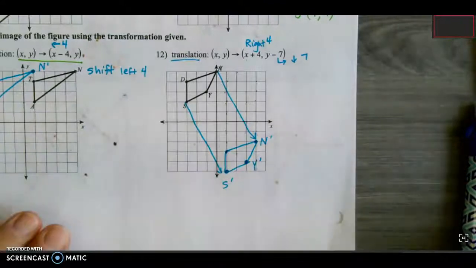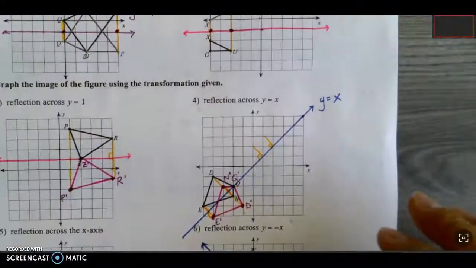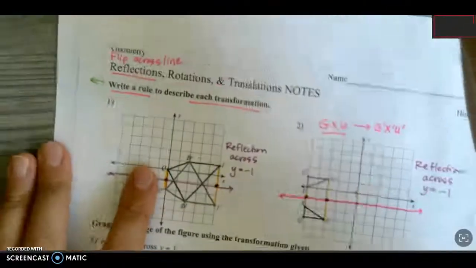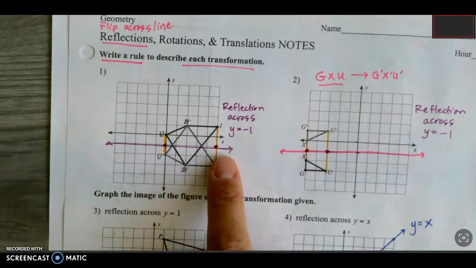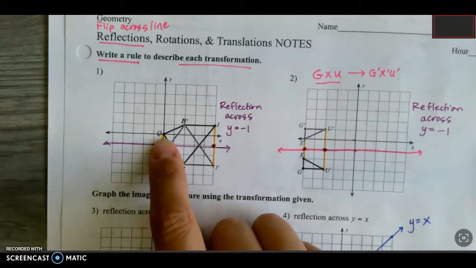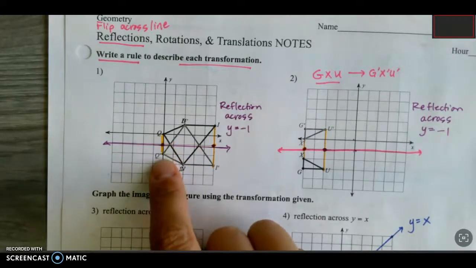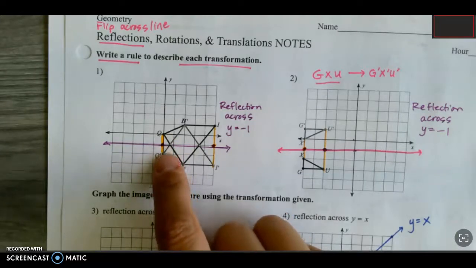And so just a quick overview of our different transformations. First of all, we have reflections, always across a line of reflection. Okay, where that line of reflection is the same distance from the pre-image to the image. So the distance from the line to the pre-image is the same as the distance from the line to the image after the fact.